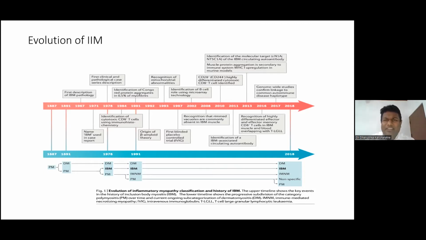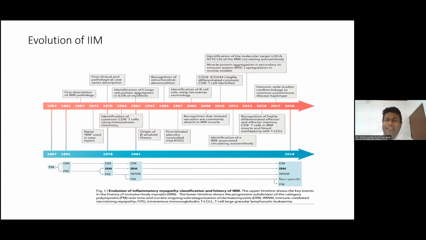And in 1978, based on the histology, inclusion body myositis was also added into the classification, although it's an ongoing debate whether inclusion body myositis is inflammatory in nature or not.